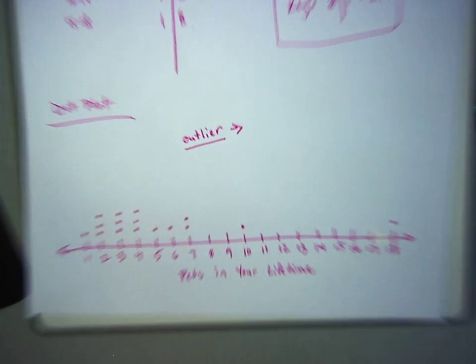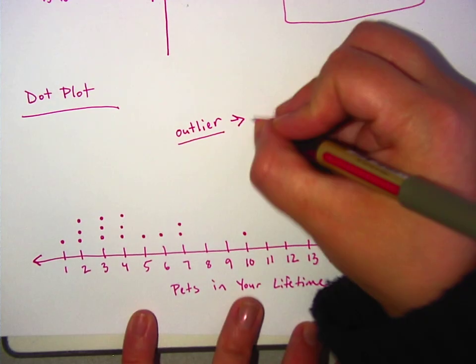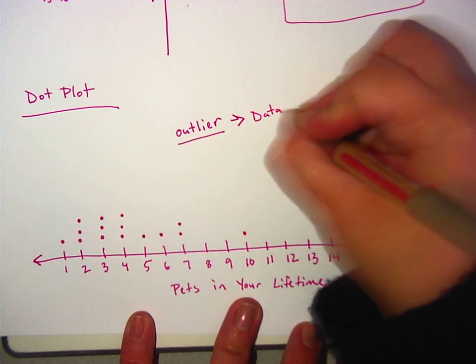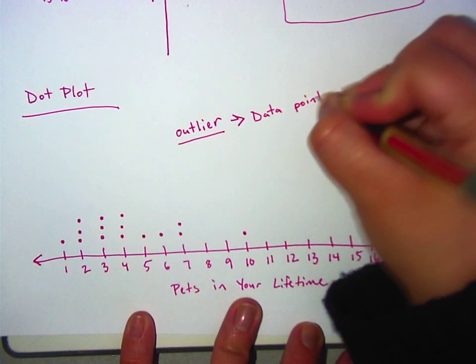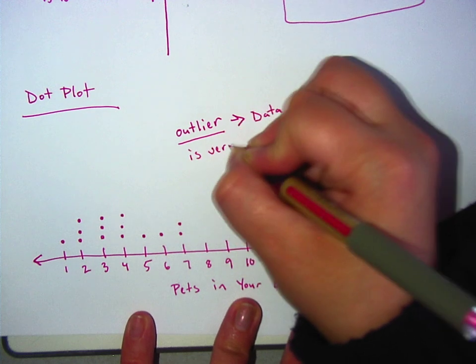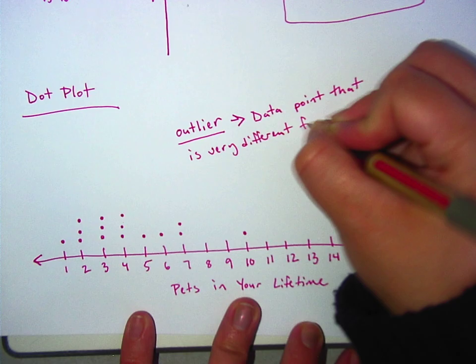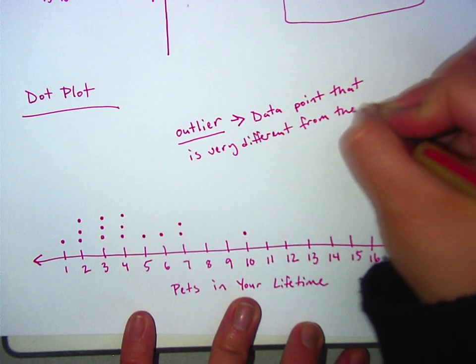Anybody know what an outlier is? Yeah? One point that's not with the group. Mm-hmm. So it's a data point that is very different from the others.